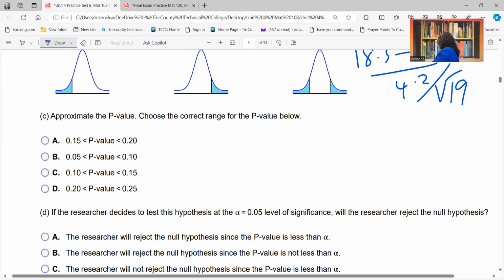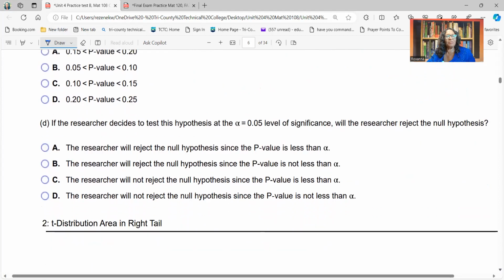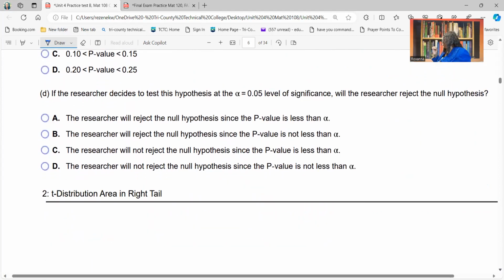You do not have enough evidence to reject the null hypothesis. Once you make that decision, you can start answering the other questions that follow, provided you know that the p-value must be greater than alpha for you to accept the null. Is that clear? For you to accept the null, p-value must be greater than alpha.